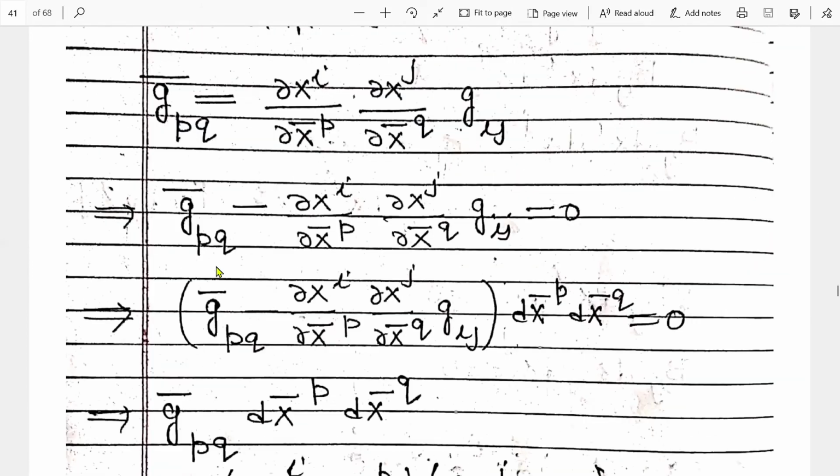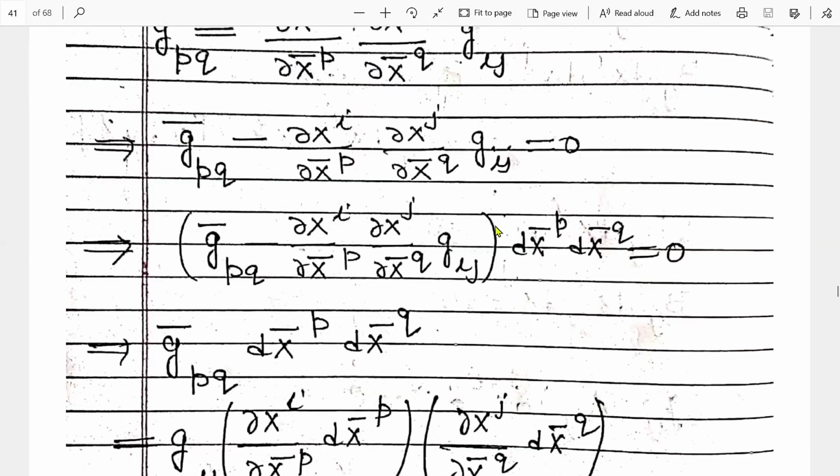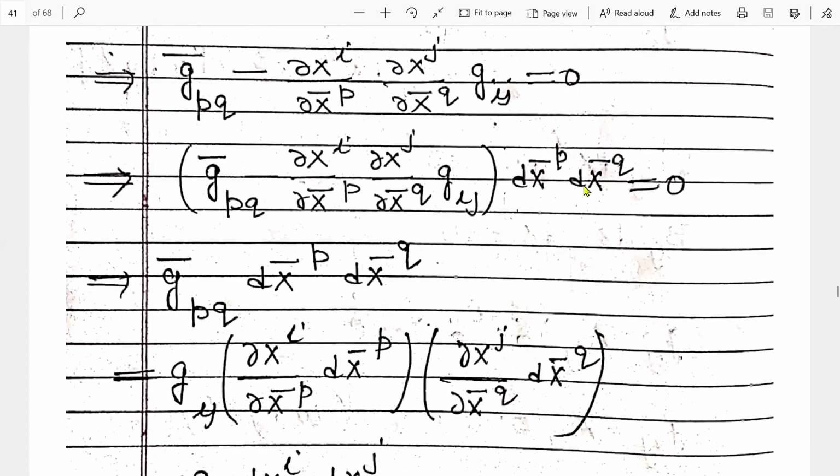So this can be written in this form, which is equal to 0. Now multiply by these values. This is equal to G bar, curly xi, curly x bar p, curly x bar j, Gij equal to 0. Now multiply by this term equal to 0.